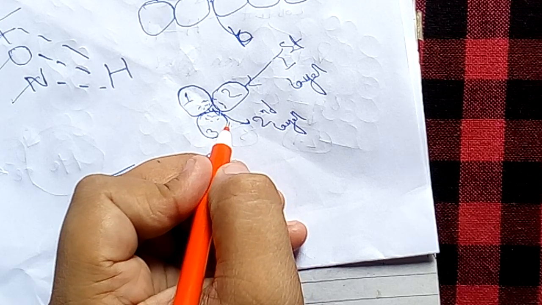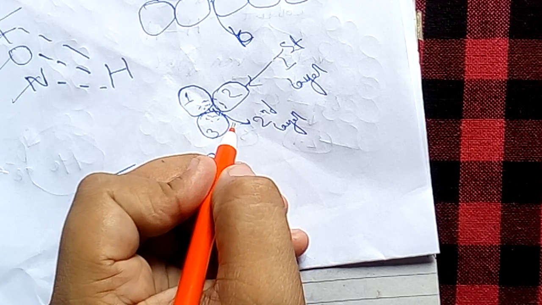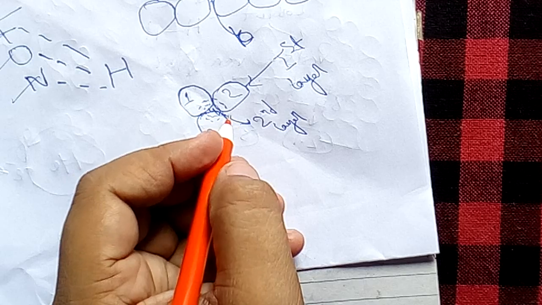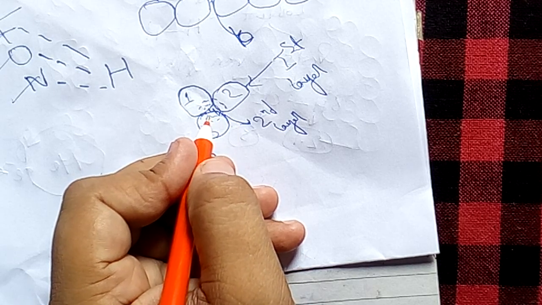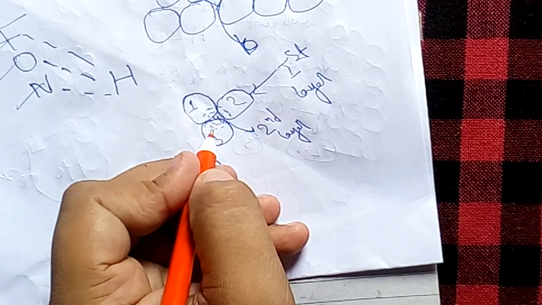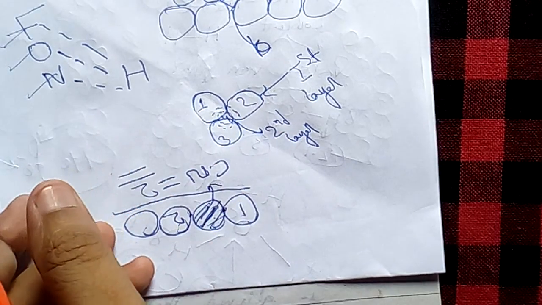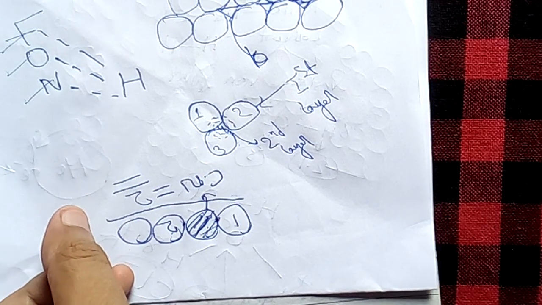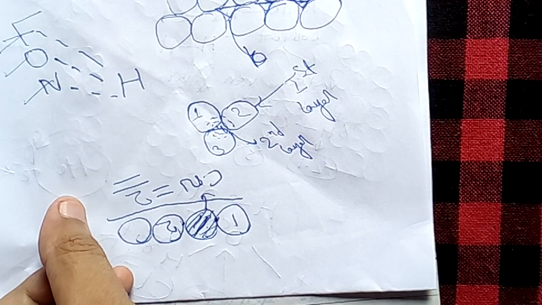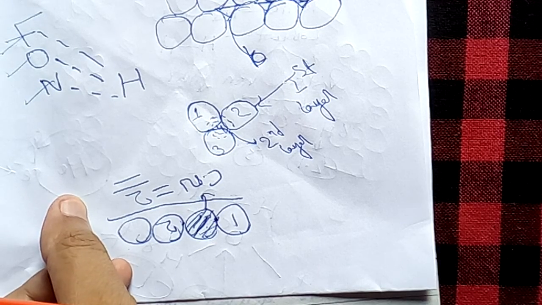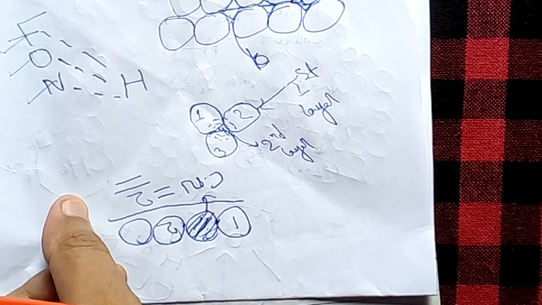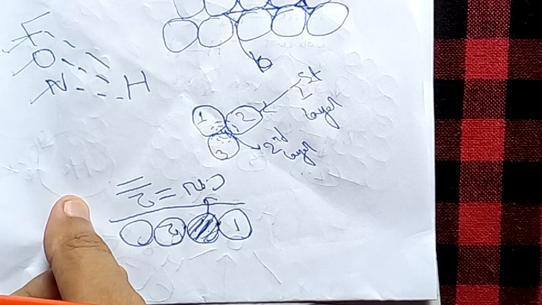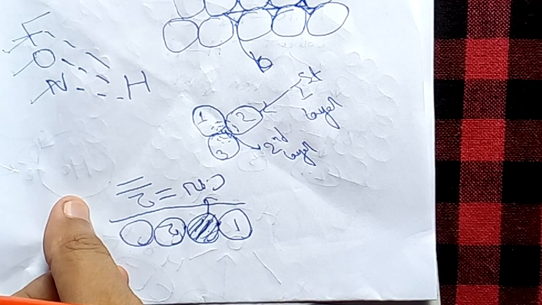What will be the coordination number? The coordination number will be 4 because the second layer sphere is in contact with 1, 2, 3 and the sphere at the back, so it is in contact with 4 atoms. Therefore this type of void is called a tetrahedral void, because that void is created by the combination of 3 atoms in the first layer and 1 atom at the back.